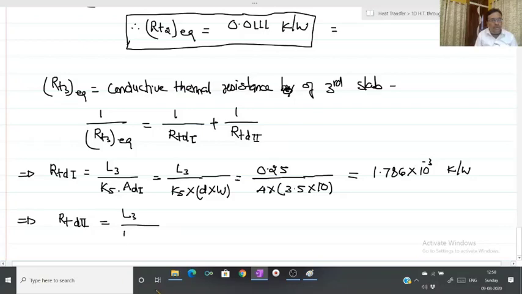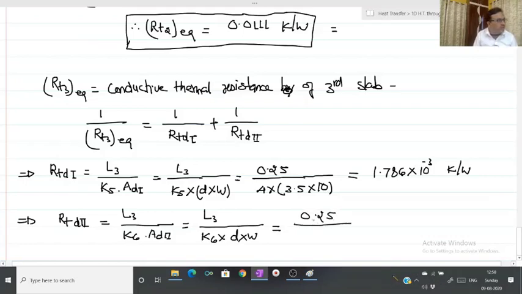K3 over K6 into area D2. Since both the slabs are of same height, there exists symmetry. So AD1 and AD2 will be same. K6 into D into W. L3 is 0.25.